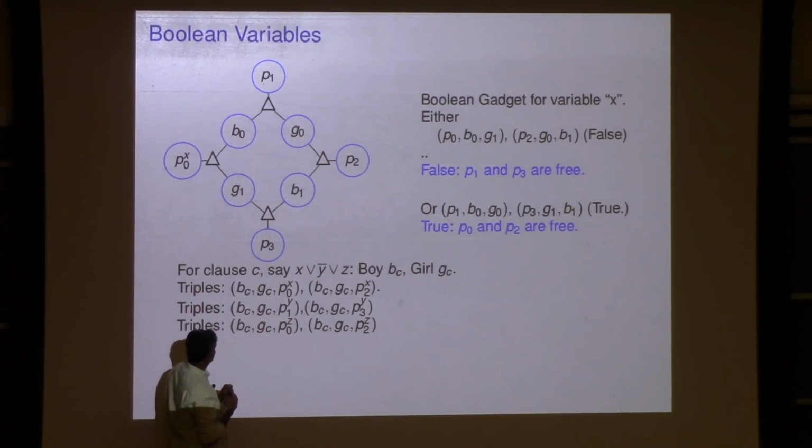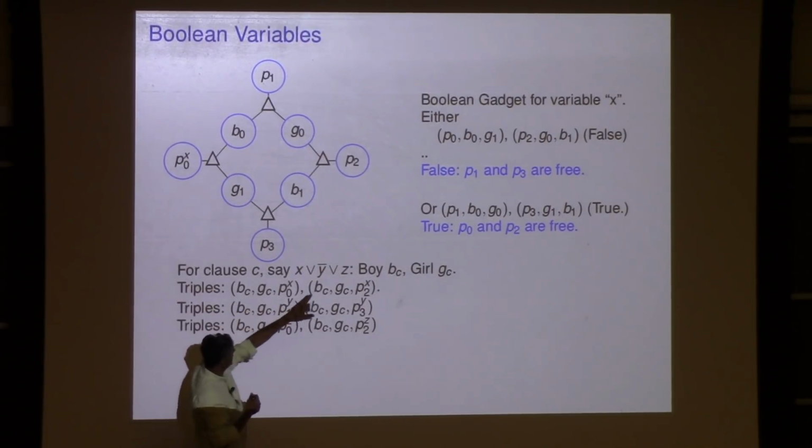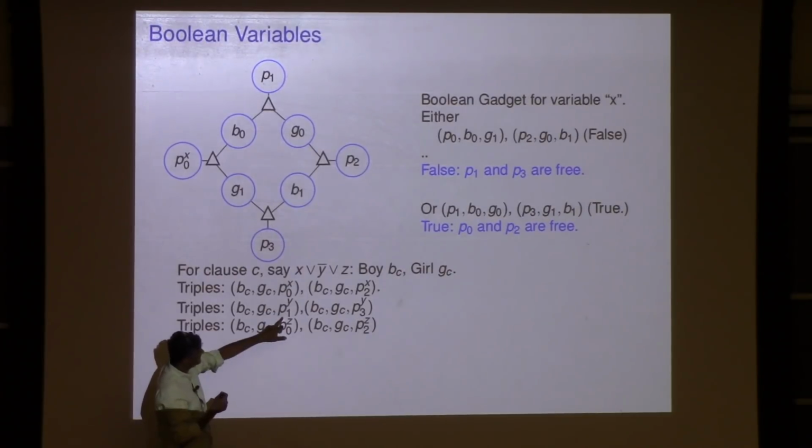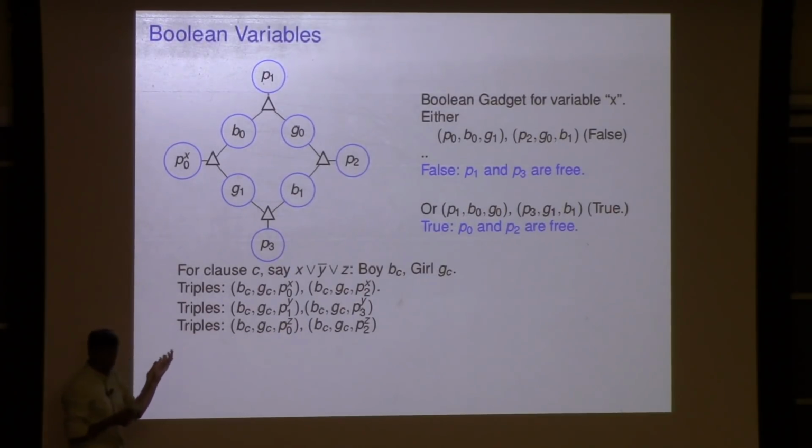Okay? And similarly for Y, if Y is assigned false, remember that the odd pets are free. So we make clauses that say this boy and this girl are happy with an odd pet from Y. And similarly for Z, that's again an even pet. Okay, so there are 6 triples.